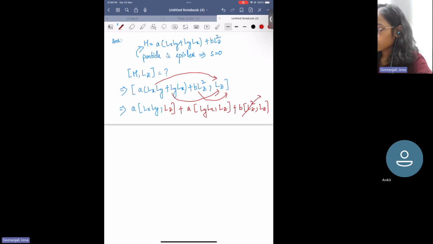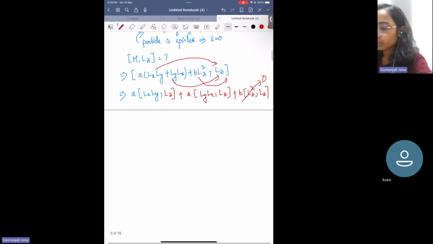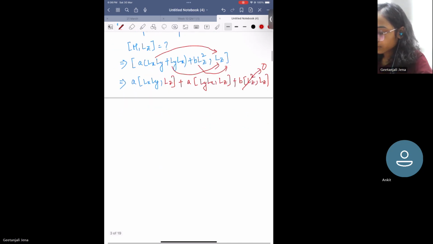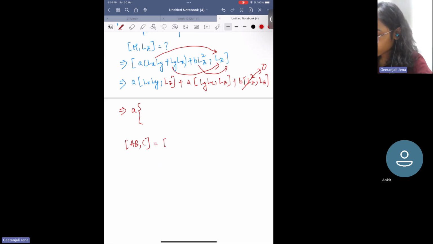The last term is 0, because Lz commutes with Lz. Now for the first and second terms, you can again use the properties of commutation relation: if you want the commutator of AB with C, it is equivalent to A[B,C] plus [A,C]B.